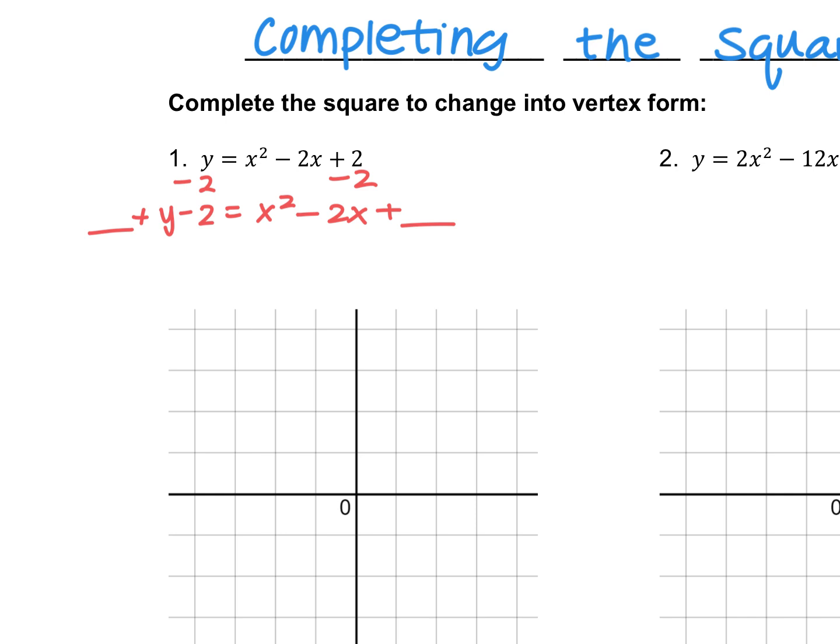So then at this point, to complete the square, this is when we do b over 2 squared. So what is my b value here? -2. So I do -2 over 2 squared, which is -1 squared, which is 1. So I add 1, I add 1.